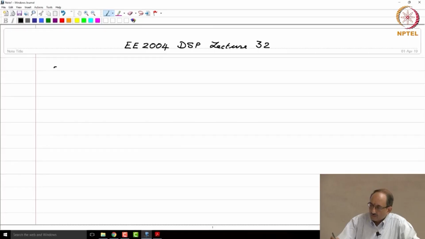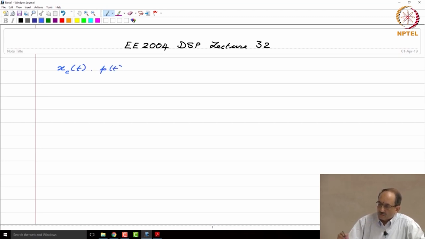Therefore, given xc of t, we multiply by p of t, which is an impulse train, and this gives us the sampled signal.